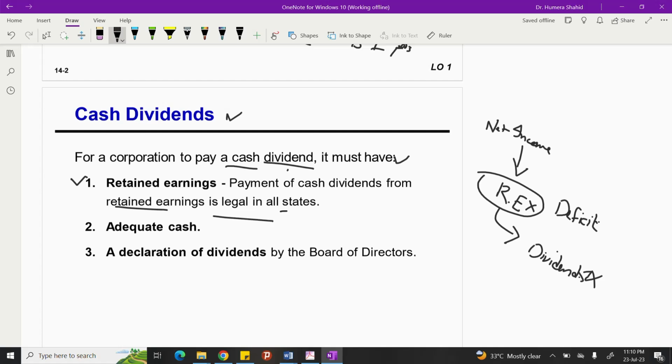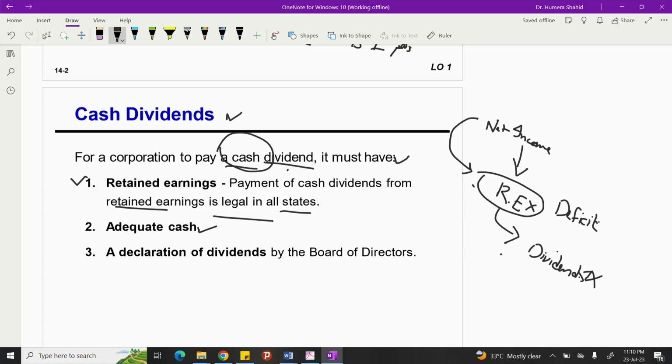Payment of cash dividend from retained earnings is legal in all states, in all countries. Why? Because companies take all the net income to retained earnings, and then out of retained earnings, the dividends are paid out. Since it is a cash dividend, the company should have adequate cash. If the company does not have enough cash in its bank account, then it cannot give the cash dividend. It should go for other sorts of dividends.